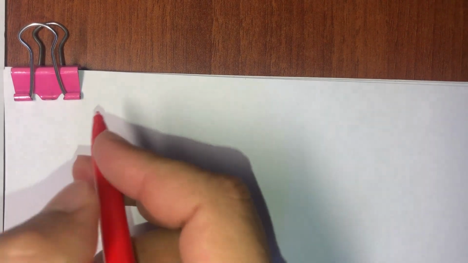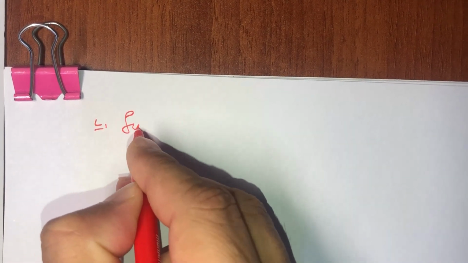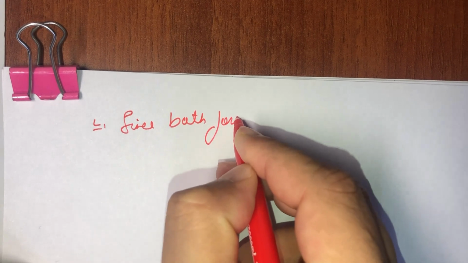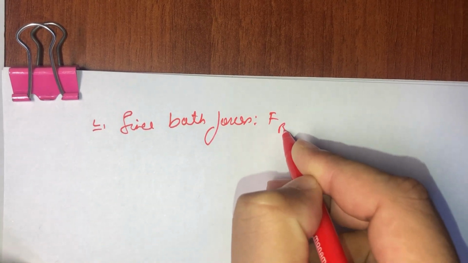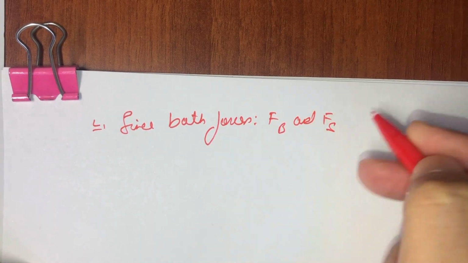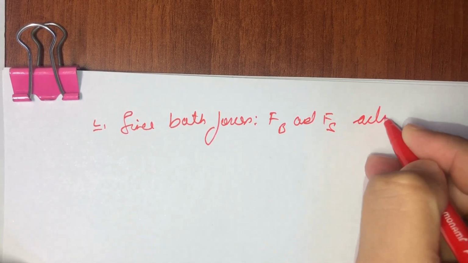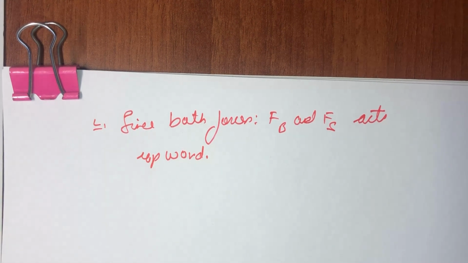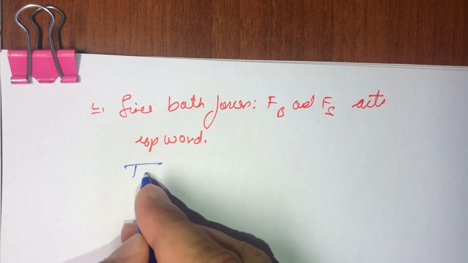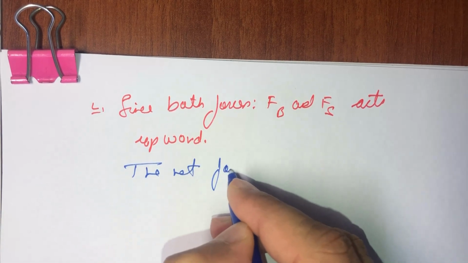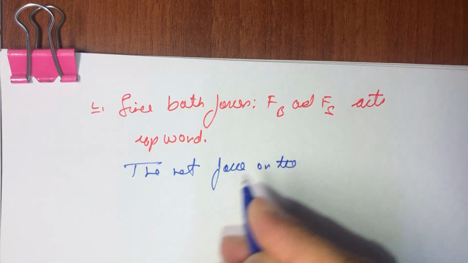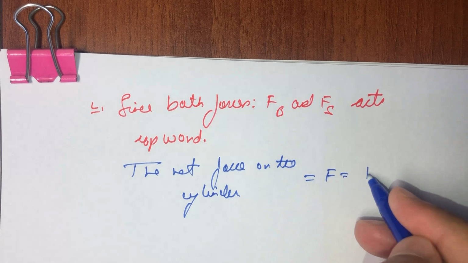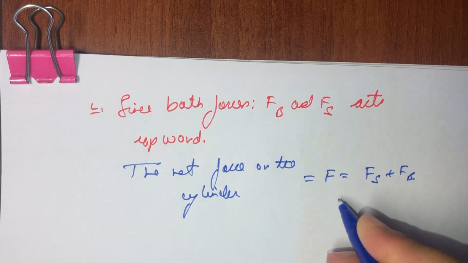So we can say that since both forces Fb and Fs act upward, the net force on the cylinder, if it is given as F, will be equal to Fs plus Fb.